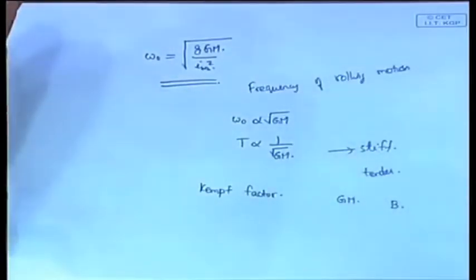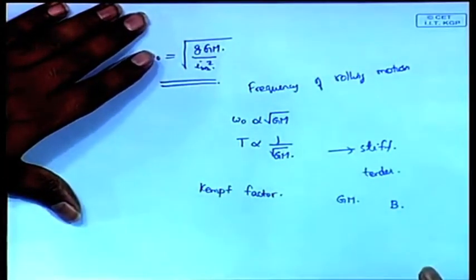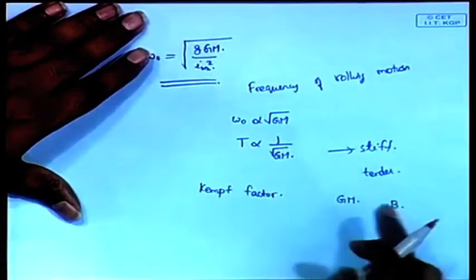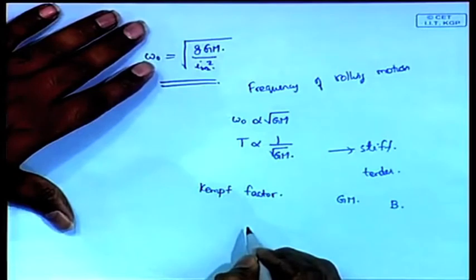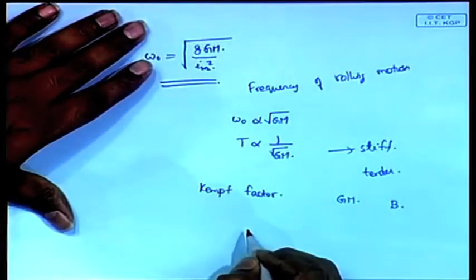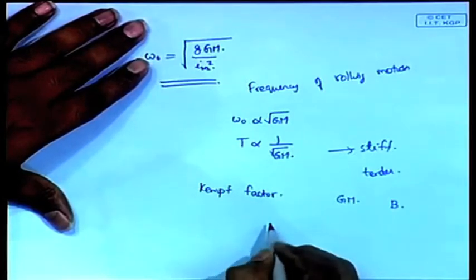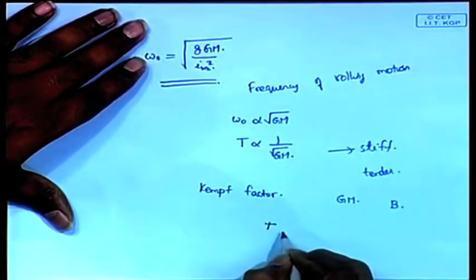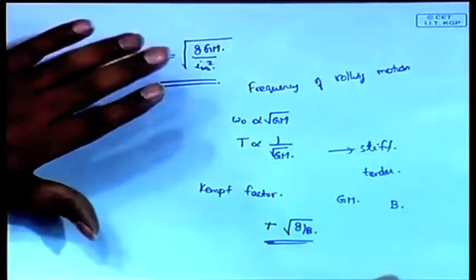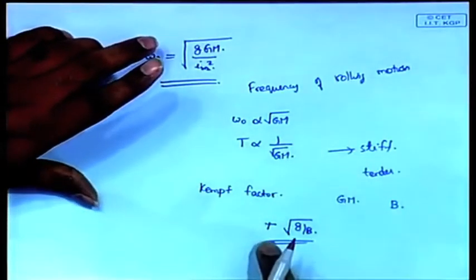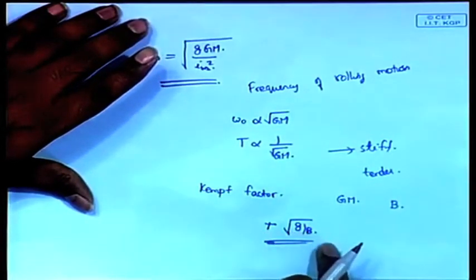For a stable condition, there is some form of relation between the GM and the breadth of a ship. The Kempf factor is this: T into root of GM by B, where T is the draft and B is the breadth. This is not important, just know that there is something known as the Kempf factor.